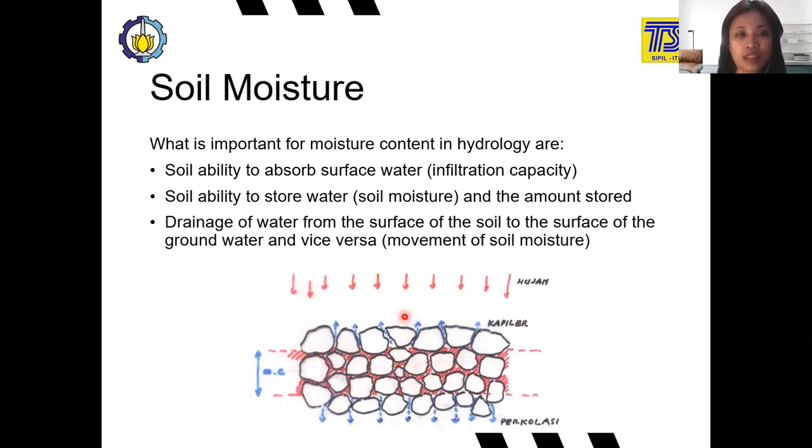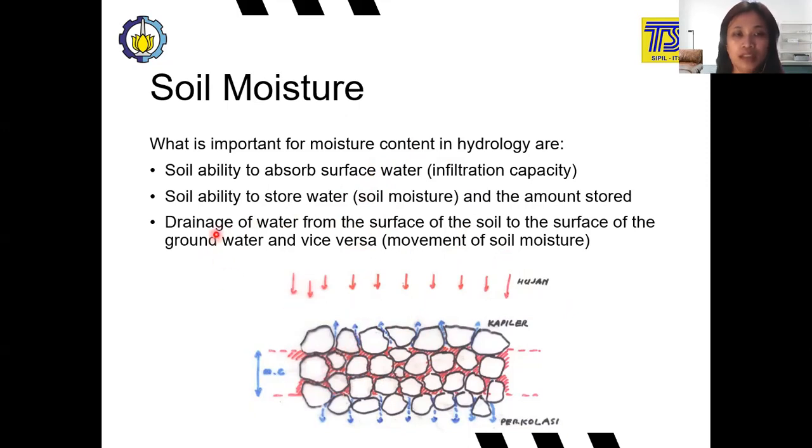It depends on the ability of the soil. If it has already reached its maximum capacity, the soil cannot absorb water anymore. So the water from the rainfall will flow above the surface of the soil and become surface water, or runoff water.